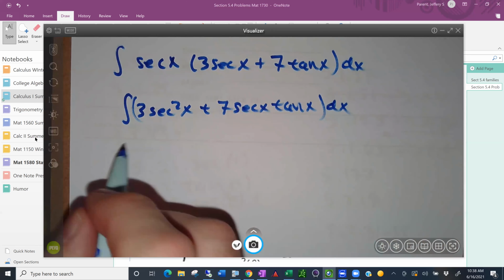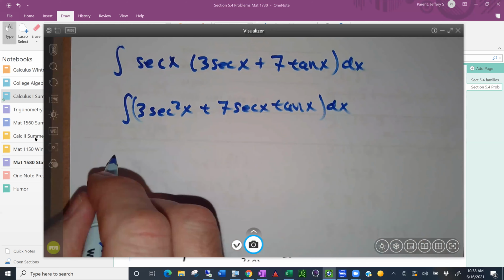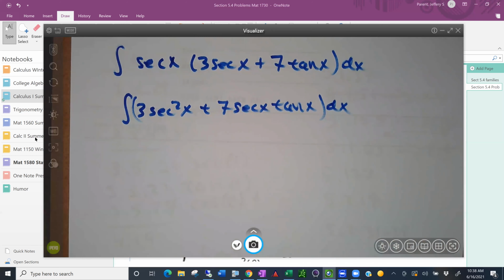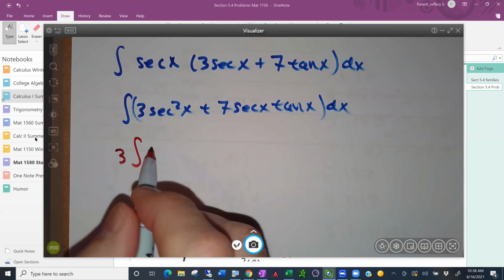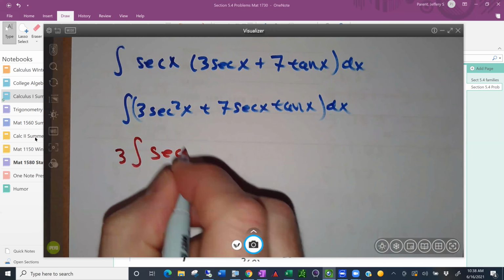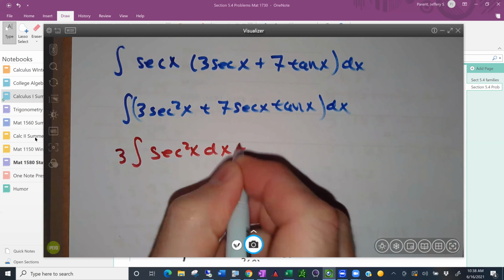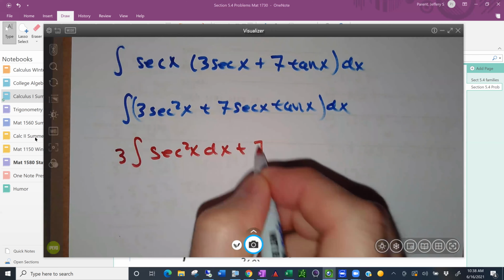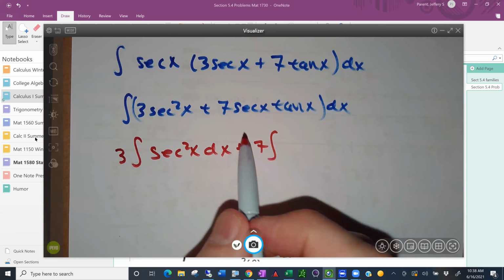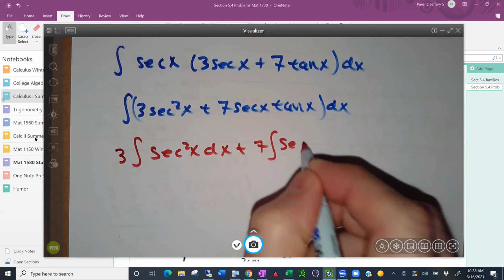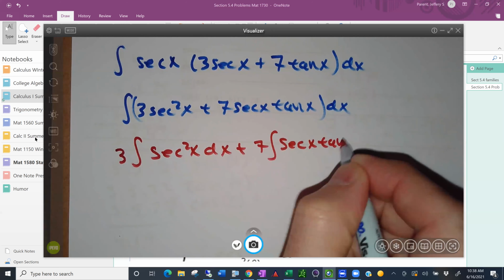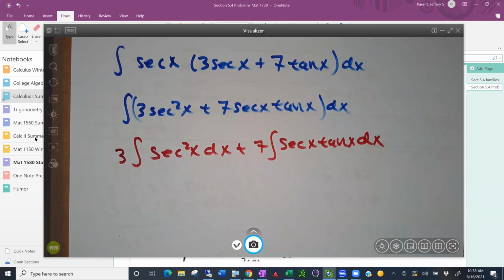If it helps us, we can split this up even further. We can use the so-called linearity properties of the integral. That's going to be the integral of 3 secant squared of x dx plus, I'll factor out the constant. You can't factor out an x, but you can factor out constants. 7 times the integral of secant of x tangent of x, and again, dx. dx is our differential.